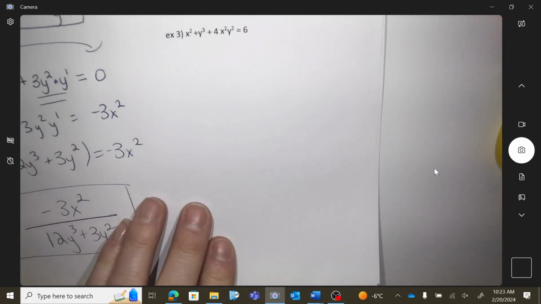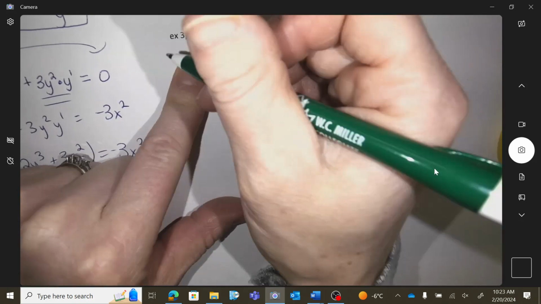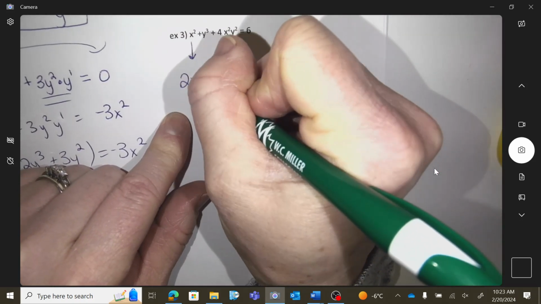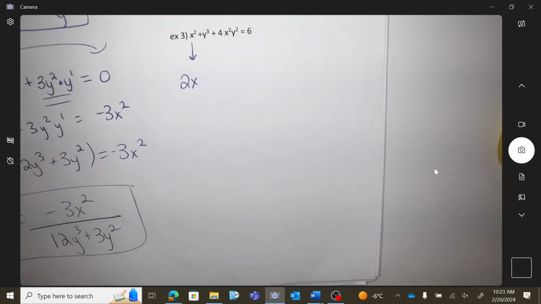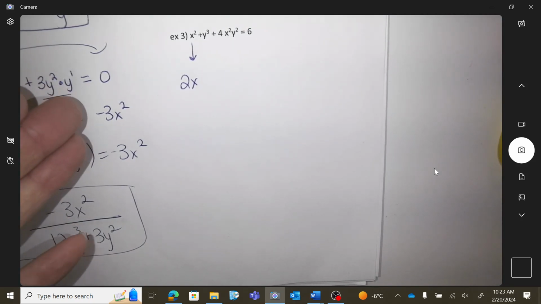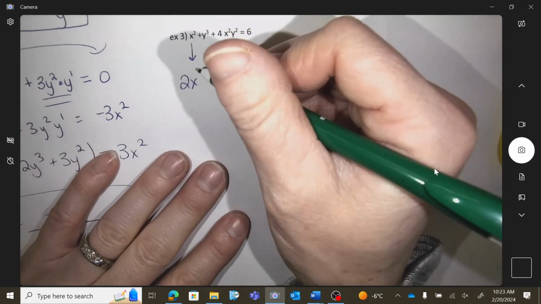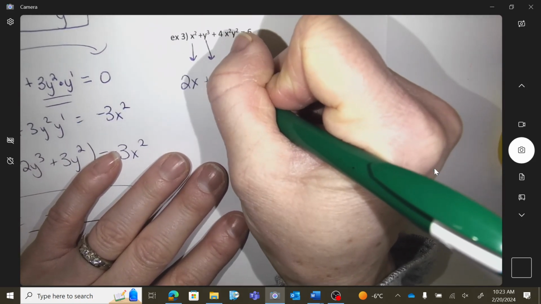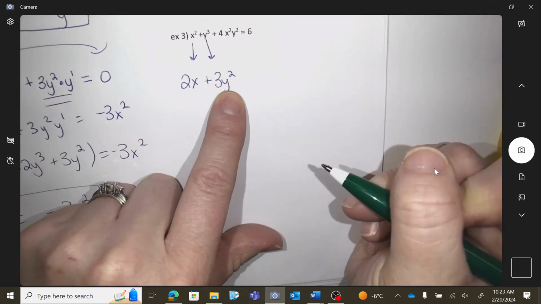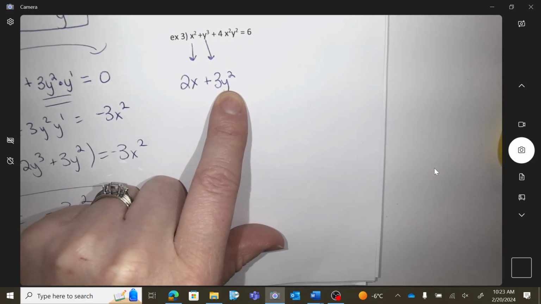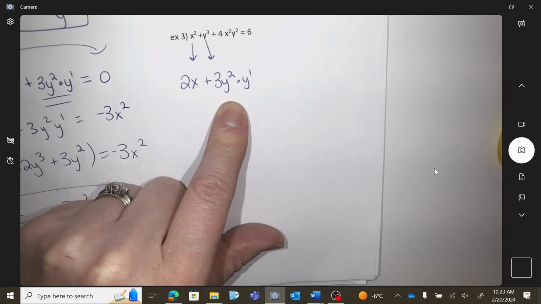Okay, one more and it's a little bit harder now. Here we go. Derivative of this is 2x. If I do the variable, it's a dx over dx. Don't have to write. The derivative of this is 3y squared. If I attach, it's a dy over dx, which I have to write, but I'm doing the shortcut.